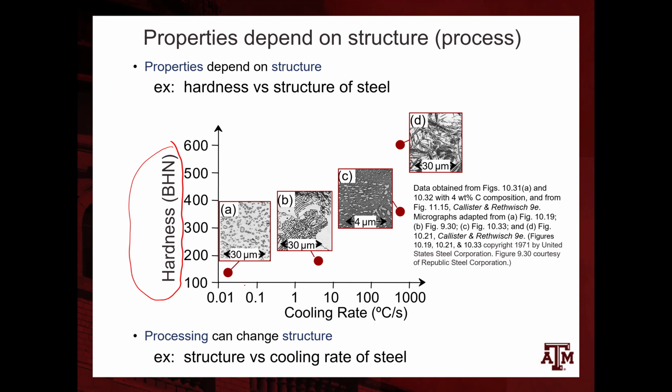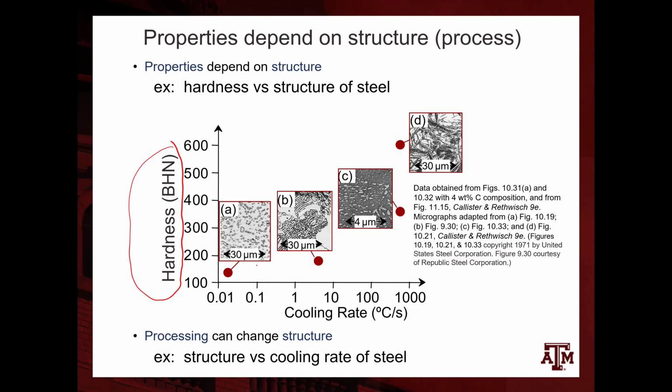So it turned out that we can actually control those hard phases. So the martensitic phase, which is a hard phase, has a high hardness number. We can basically control its microstructure and control the fraction also of this phase by controlling the cooling rate.